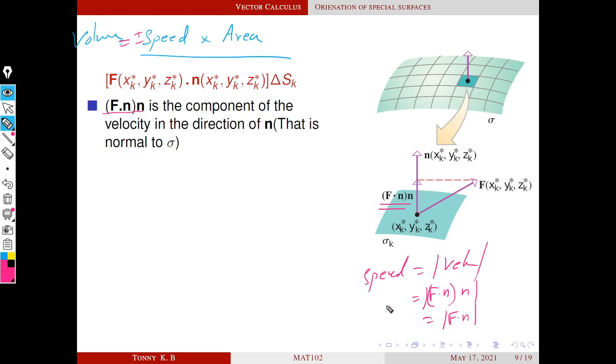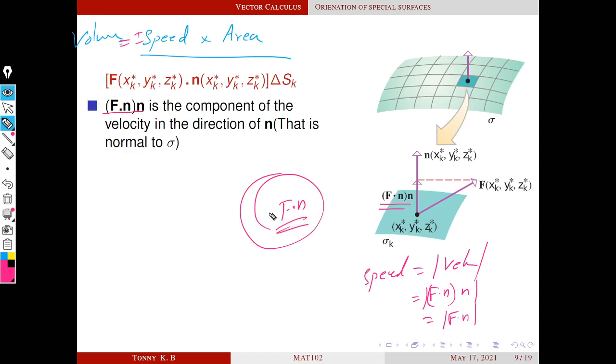We know that speed is always positive, so the modulus of f dot n is always positive, but we need signed speed. That's why we consider just f dot n. So f dot n is a numerical quantity, maybe positive, maybe negative. If f dot n is positive, its magnitude is the speed of the flow and the sign determines the direction of the flow.